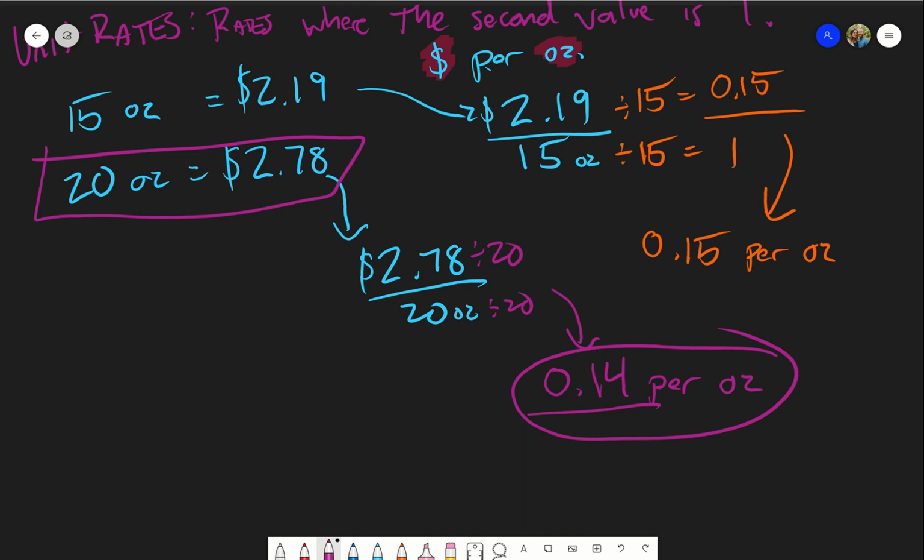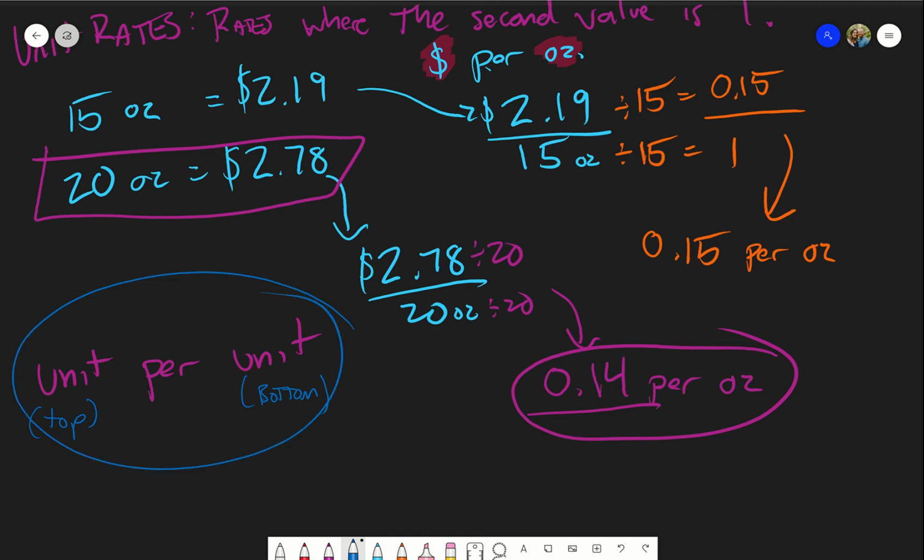But it's always good to remember it's going to be unit per unit. Unit 1 on top, unit 2 on bottom.